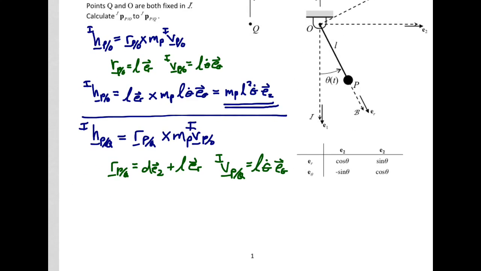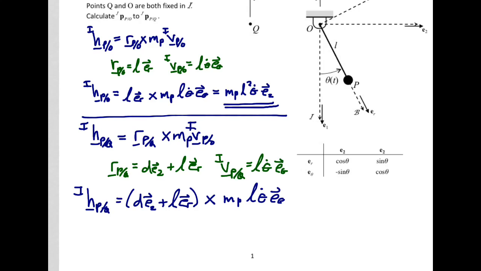And so to calculate the angular momentum of P with respect to Q in the inertial reference frame, we're going to have our position vector, which is d E sub 2 plus L in the E sub r direction, cross with the mass of point P, L theta dot in the E theta direction.